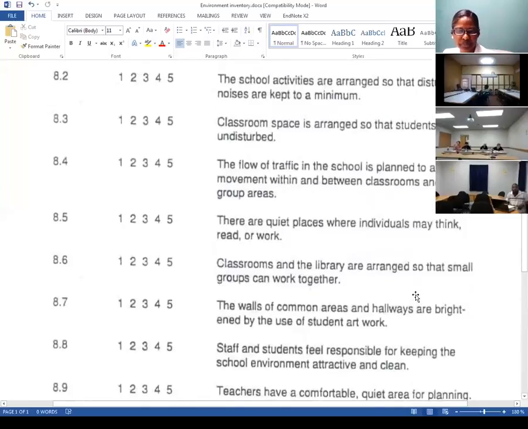Those things have to be in place to ensure that the learning environment has a fair chance of being a successful one.